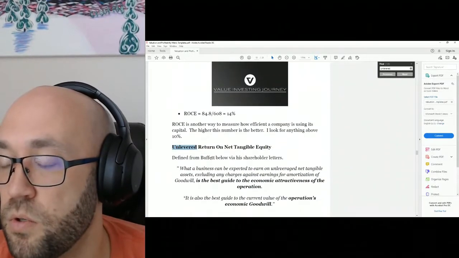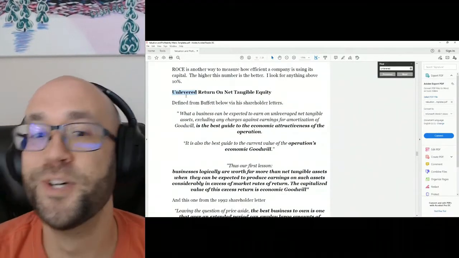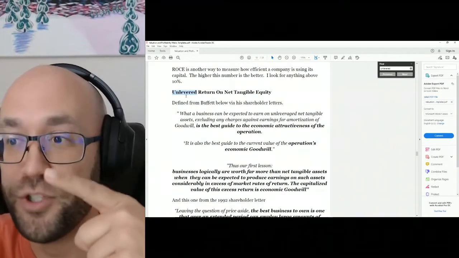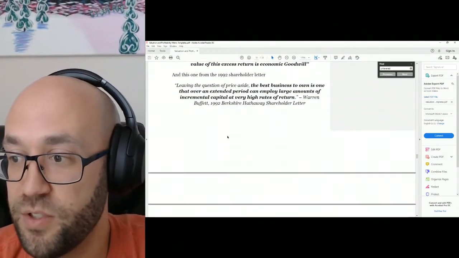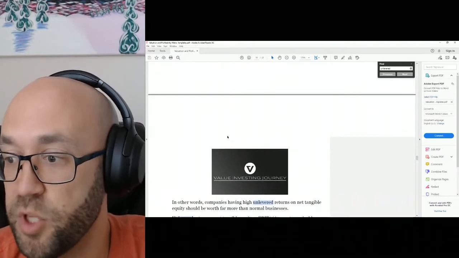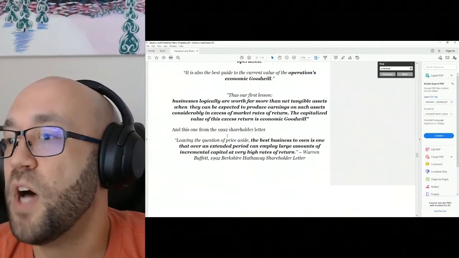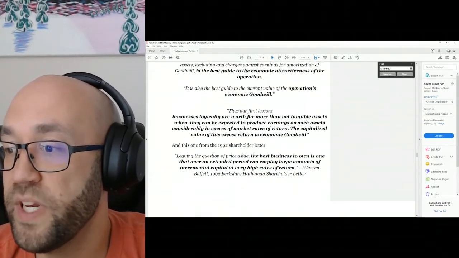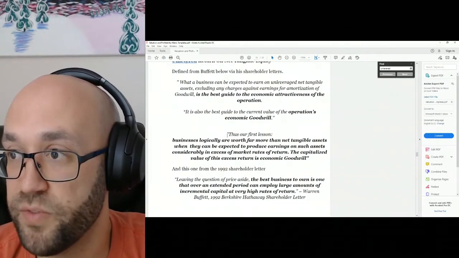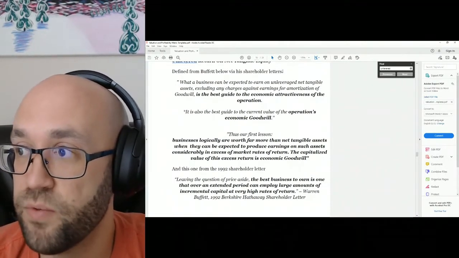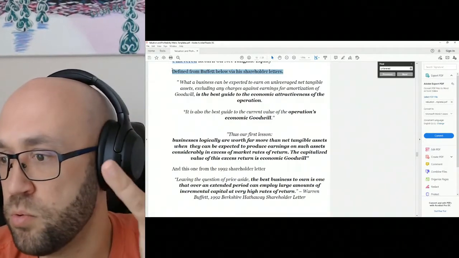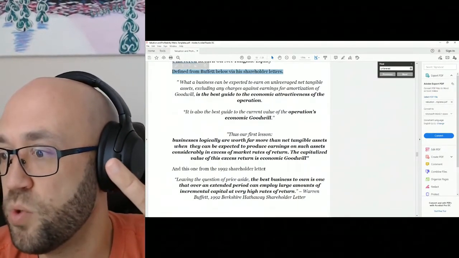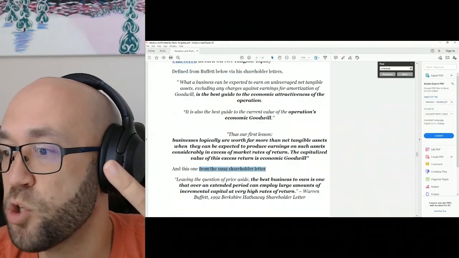Unlevered. Okay, so the last two definitions were relatively easy. I'm going to read parts of this, but it gets a little bit long, so I'm going to leave this up here for you to read. I'm going to scan and read parts of it. If you want to know where I learned this metric from, it's from the 1992 Berkshire shareholder letter.